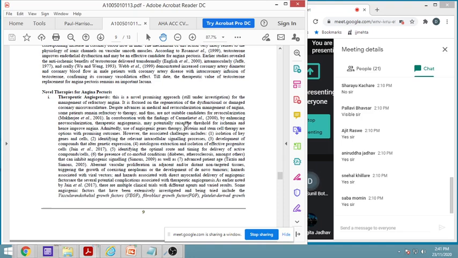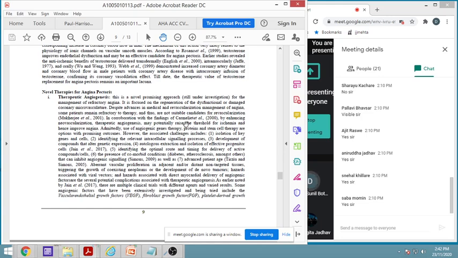The other options are using the normal treatment of various drugs, whatsoever combination we have seen, such as beta blockers, calcium channel blockers, or maybe nitrates. These are given.